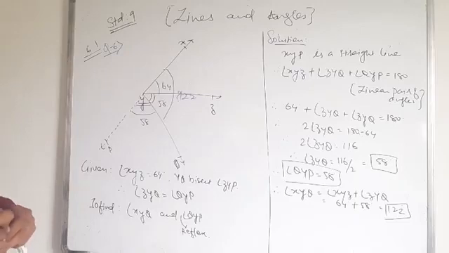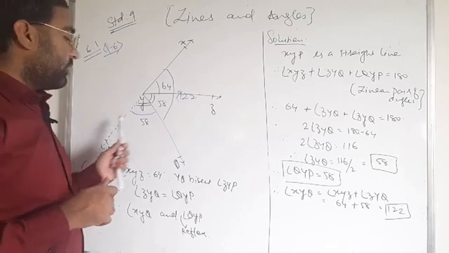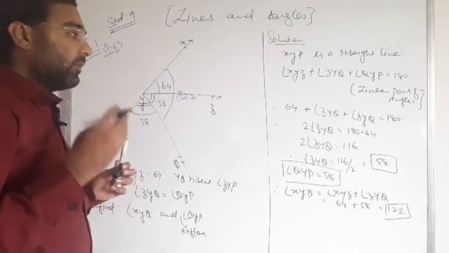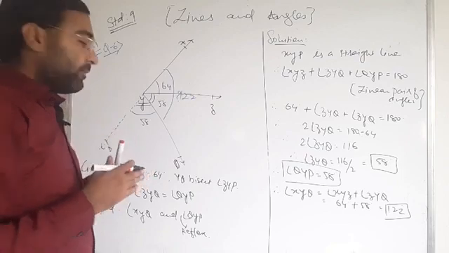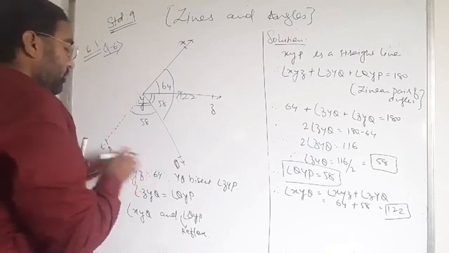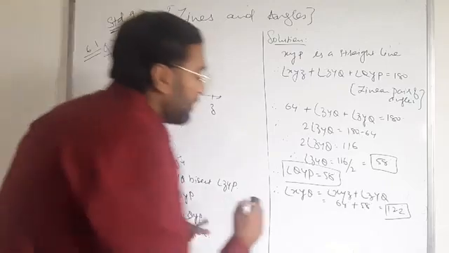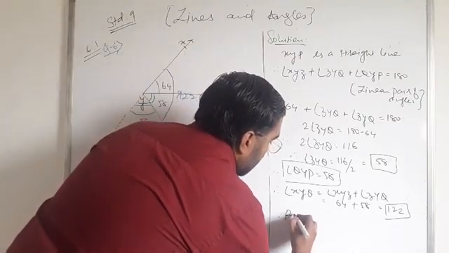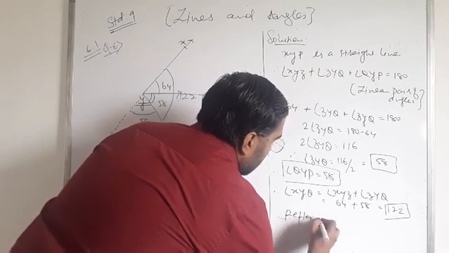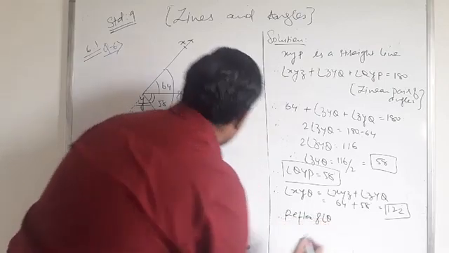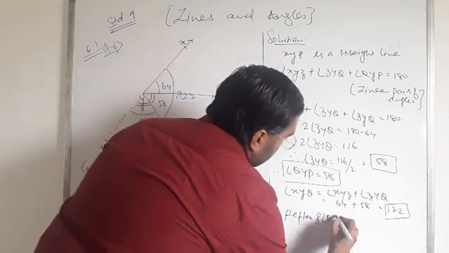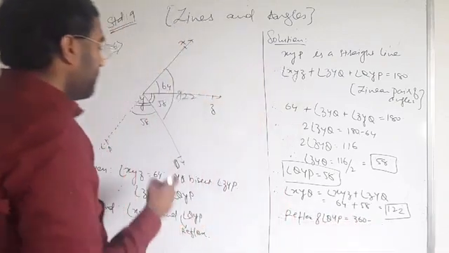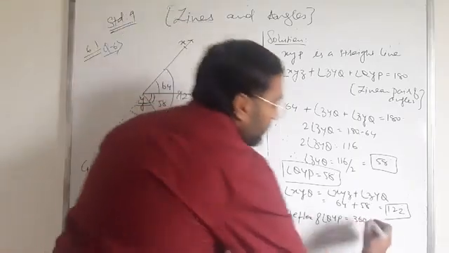Now we have to find the reflex of angle QYP. For the reflex of QYP, subtract QYP from 360. So the reflex of QYP is equal to 360 minus QYP, that is 58.